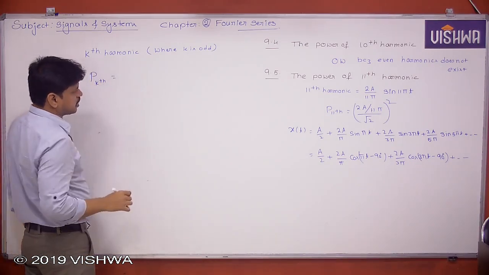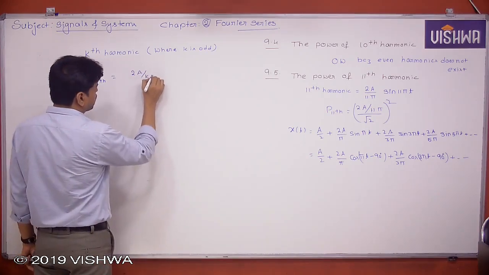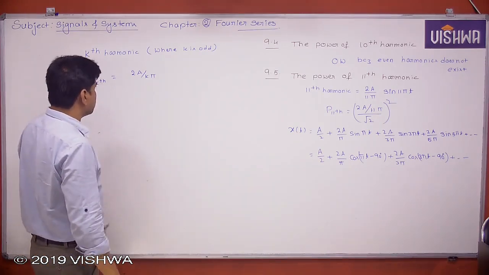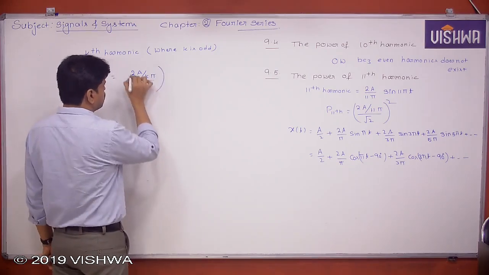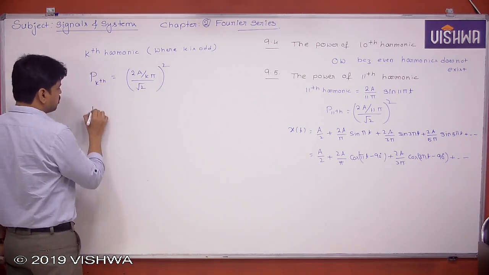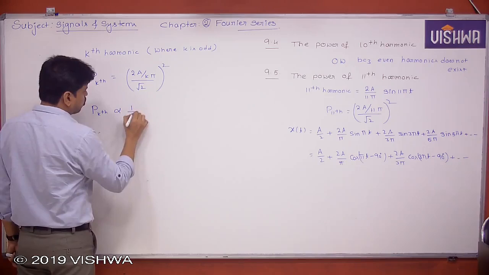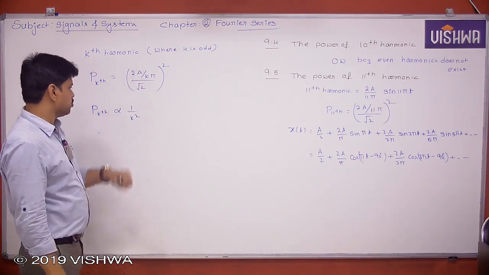For this wave, 2a by k pi, which is nothing but the harmonic amplitude by root 2, the RMS value, whole square. In general, I can write the power of the kth harmonic is proportional to 1 by k square. Clear or not? So it is nothing but 1 by k square.